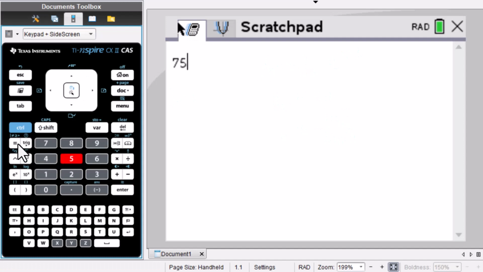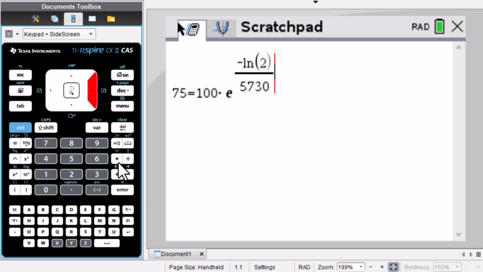75 equals 100 times e to the power, control divide, get fraction, negative natural log of 2 over 5,730 times t.